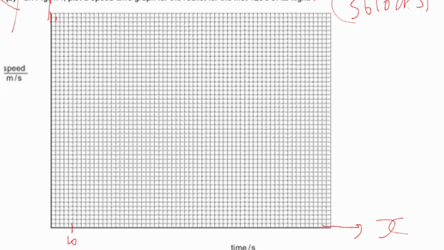Then again 1, 2, 3, 4, 5, so 20. Then 1, 2, 3, 4, 5, 30. Then 1, 2, 3, 4, 5, 40. Then 1, 2, 3, 4, 5, 50.